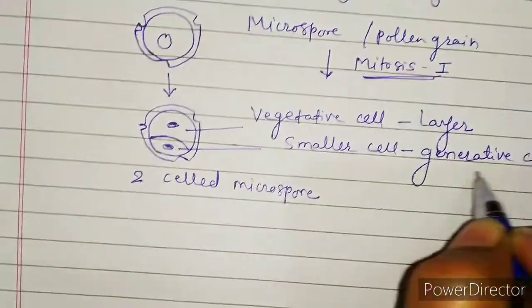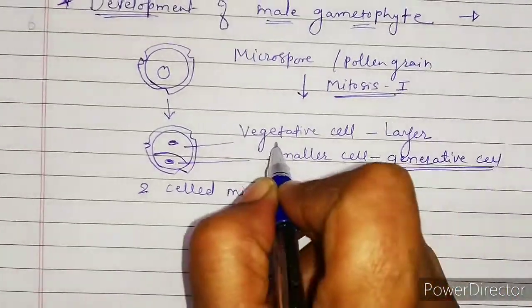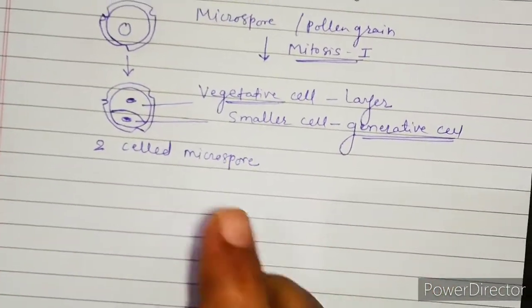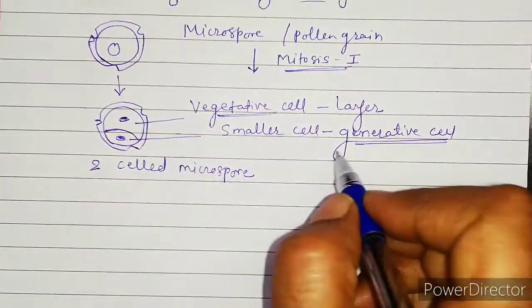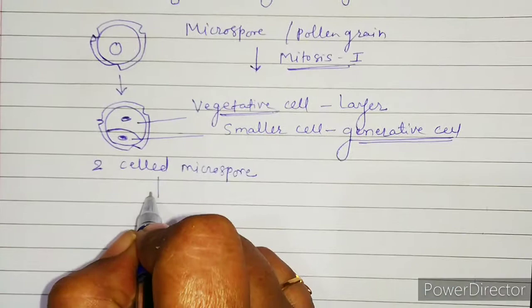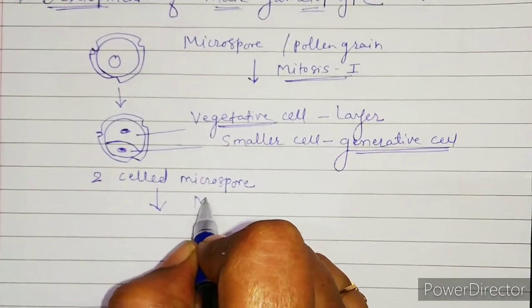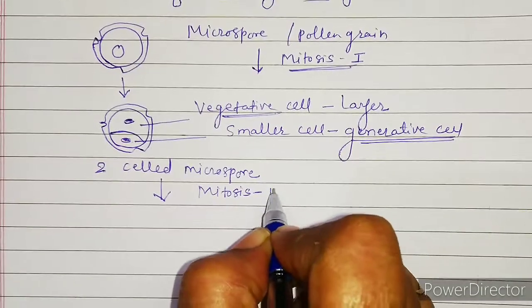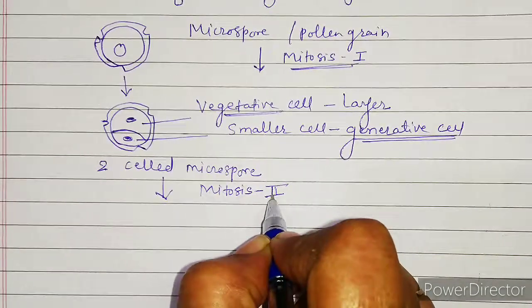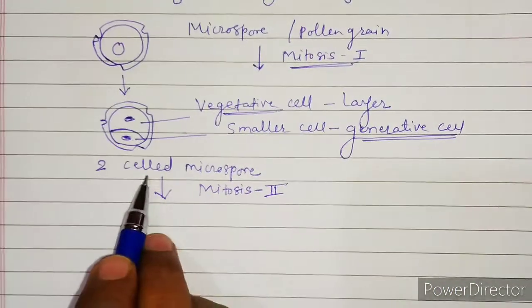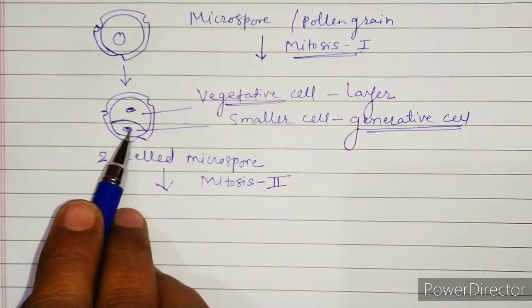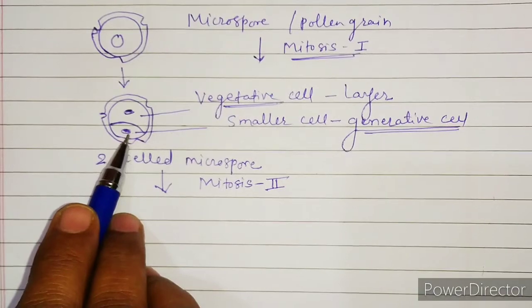This two-celled microspore again undergoes a second cell division, that is mitosis 2. Mitosis 2 occurs only in the generative cell.